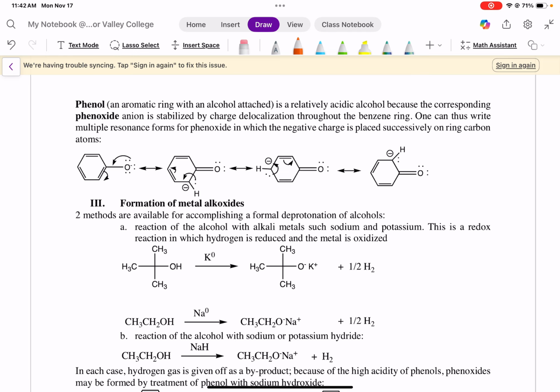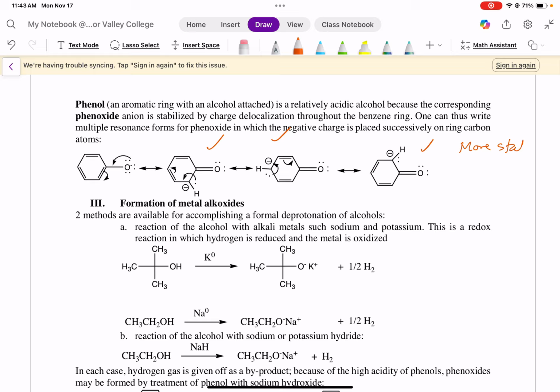All right, phenol is aromatic, the benzene ring with the OH. Okay, it's an aromatic alcohol. So when the hydrogen is taken off, the oxygen can do a lot of good resonances with the benzene ring, creating a lot of resonance structures. And the more resonance is available, the more stable the conjugate base.